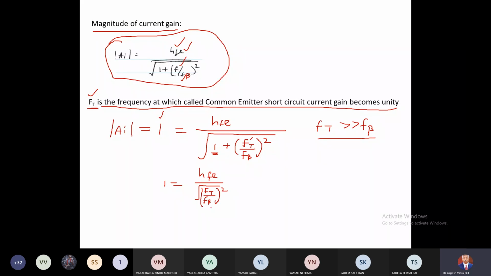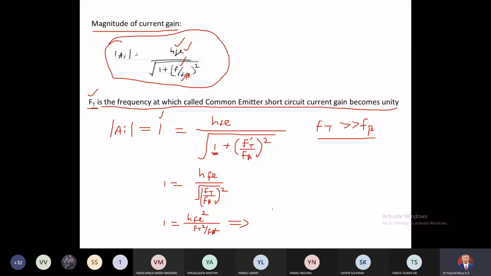And now we will square both sides. So I will get 1 is equal to hfe square divided by ft square by f beta square.